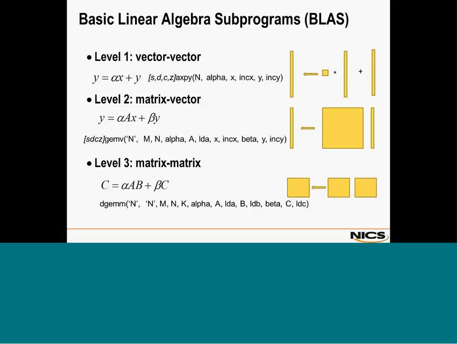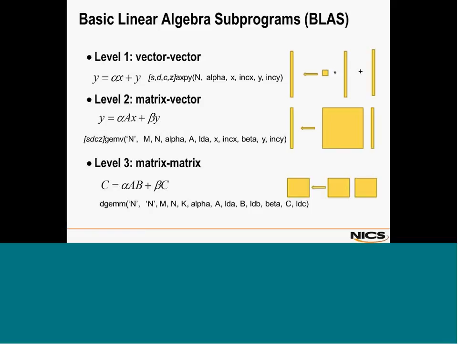BLAS is divided into what they call BLAS level 1, which is vector operations. So basically, you add vectors and you multiply the first vector with a scalar to get another vector. There's a little bit of a naming convention in BLAS here.